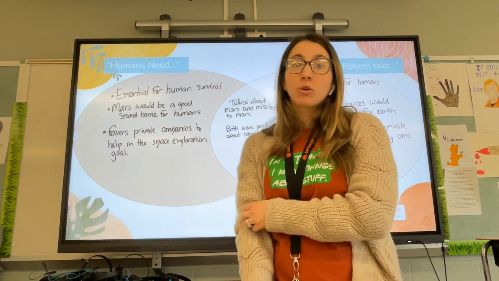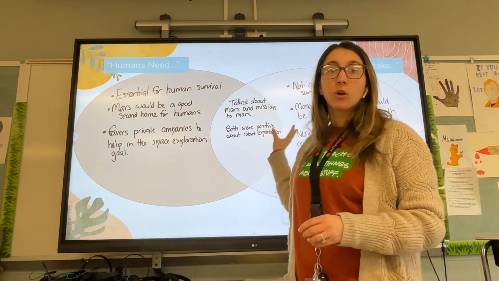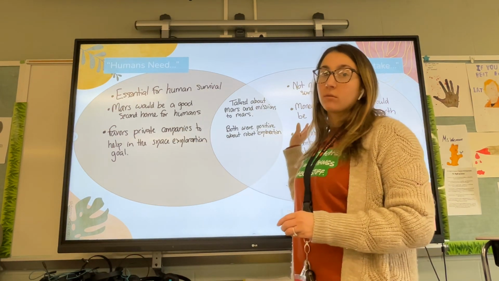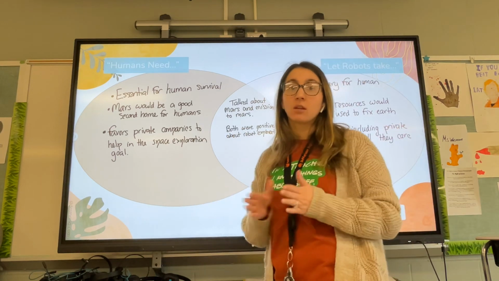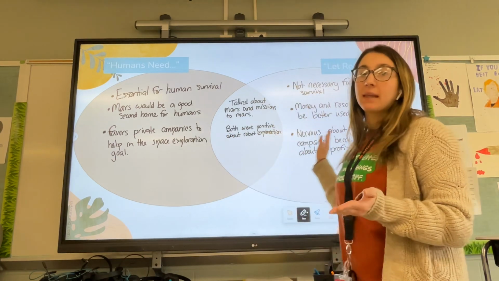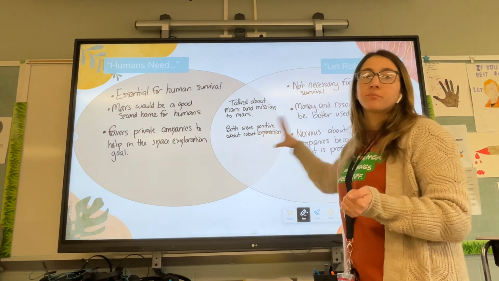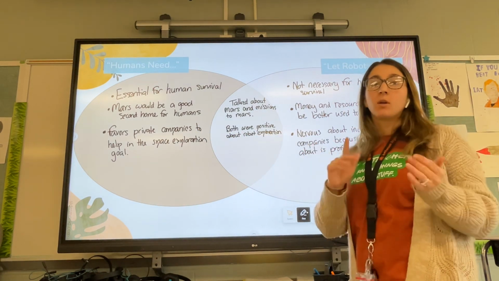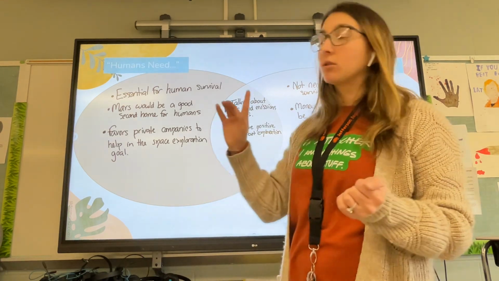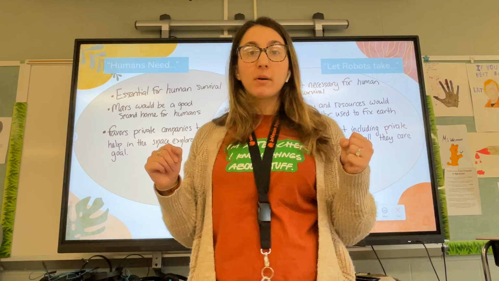So I would like you to add those differences to our Venn diagram. Look at your annotations, look at the stuff we talked about, and add at least one thing to each part of the circle. I did most of the work for you, but I need you to do some too.